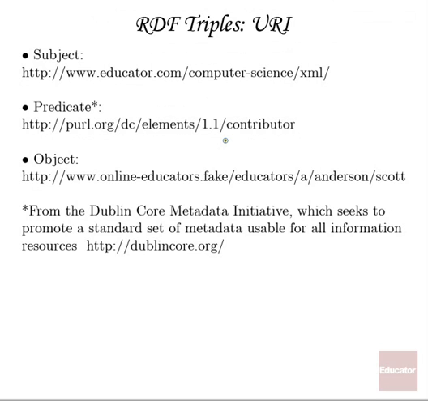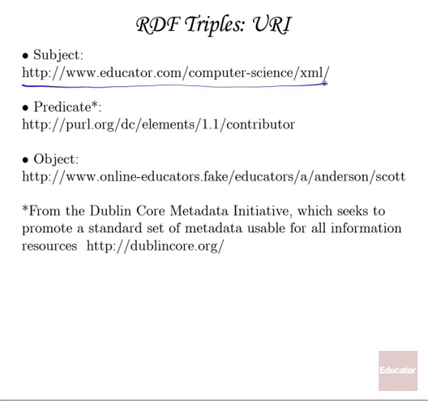Now, what RDF allows us to do is express each of these ideas using namespaces and URIs. So, for example, our subject, educator.com's XML area, can be referred to by its actual URI on the web, which would look something like this.